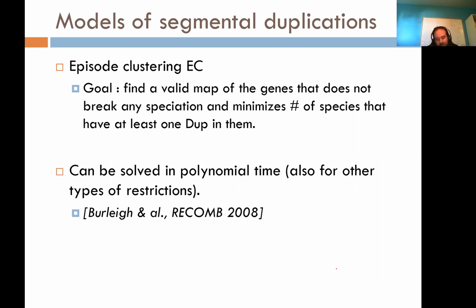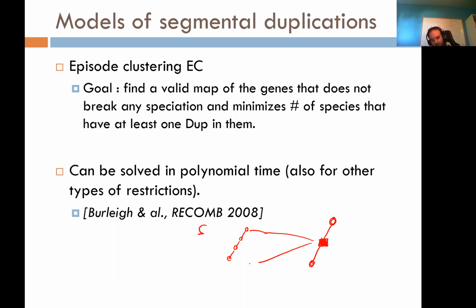but if I had to give the intuition of how that algorithm works, it's just that, when you have a duplication event, let's say that it has a speciation event above and below, to make it simple. Since you cannot break the speciations, this duplication has in the species tree a range to which you can remap it.